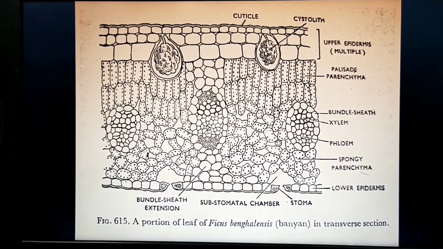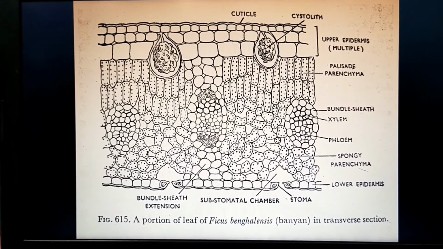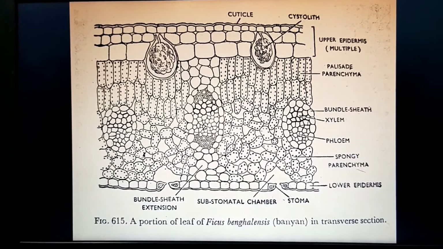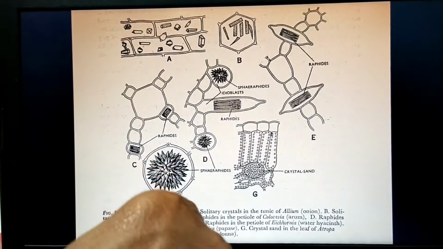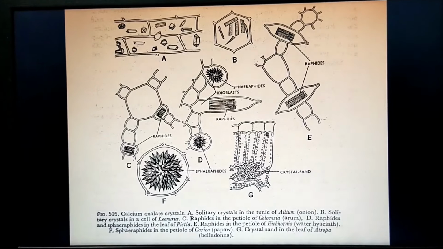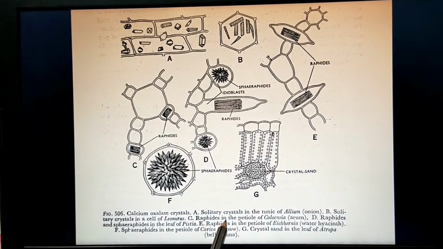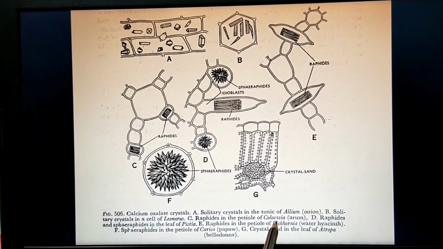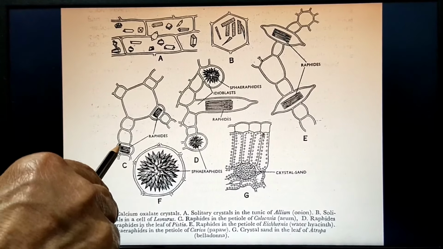So the concept of excretion in plants is different from that in the animals. Let's now go for one more picture, and these are some of the raphides and sphaerophytes. You can read this later on. You see, for example, these are raphides in the petiole of Colocasia. Amorphophallus and Colocasia are common plants. So you can see here bundles.